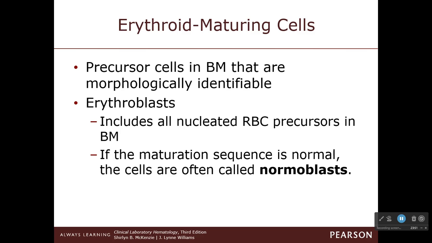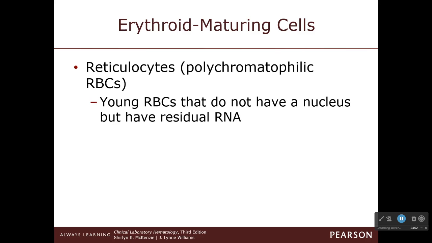But normoblast is if they're normal size, normal color, they proceed in the normal production. Erythroblast is just all nucleated cell precursors in the bone marrow. Reticulocytes are also known as polychromatophilic RBCs. You can normally see reticulocytes on a blood smear.